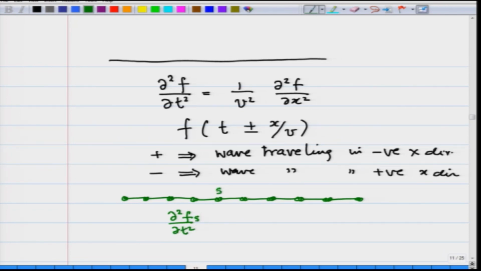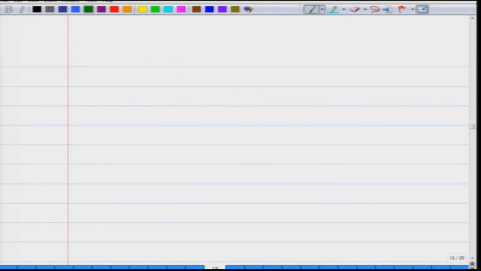So, let us call this sth site, this is s minus 1, s plus 1 and so on, is equal to constant times f s plus 1 plus f s minus 1 minus 2 f s. This is what I had just intuitively said should be the equation. Now, actually I am going to show you that this is the equation when you have these discrete sites.